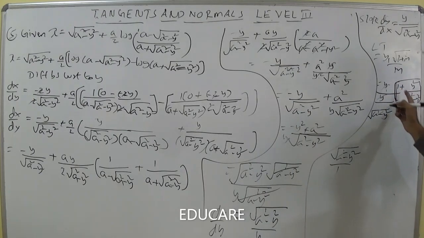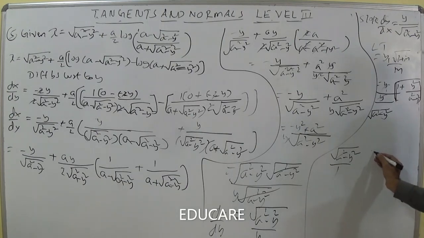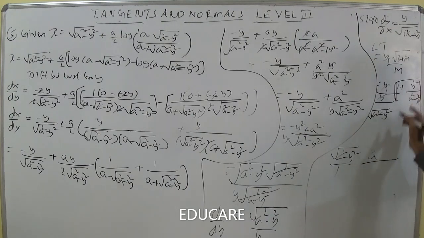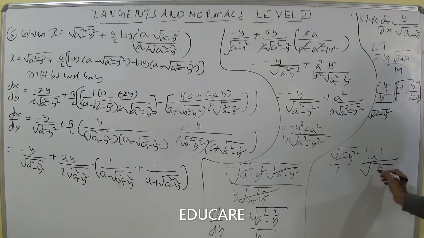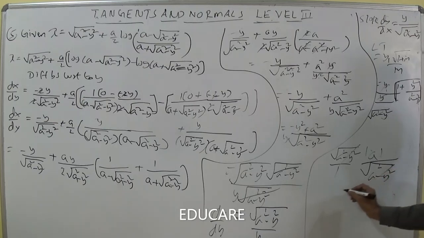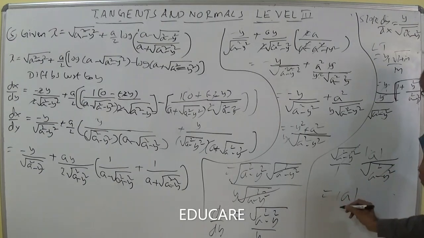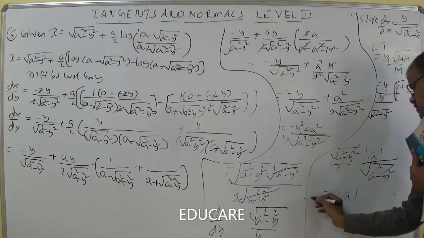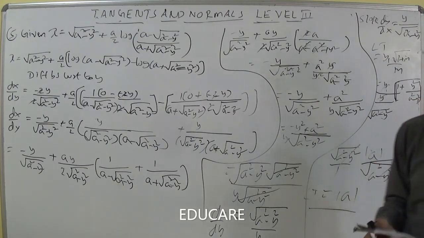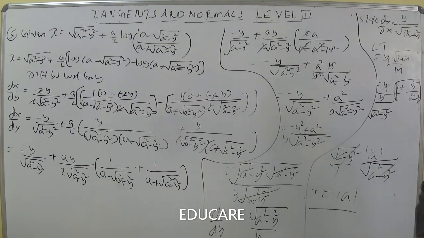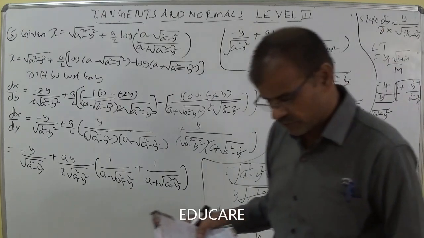Taking this term to that side, a square minus y square plus y square minus y square get cancelled. It becomes, along with root, mod a, and a square minus y square will be there. If it gets cancelled, then you will be getting the length of tangent as mod a. So according to the options, it is the third option.